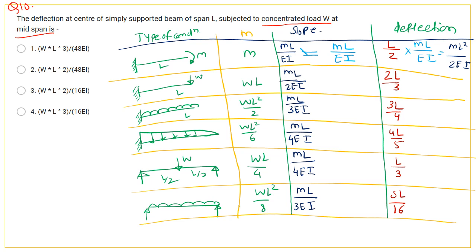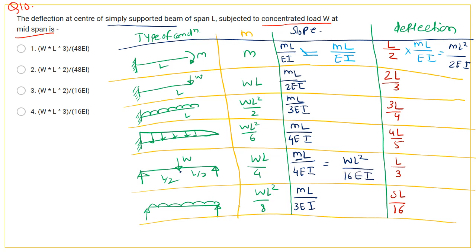But here they ask for simply supported beam with point load. So for this we calculate here. Replace this M with WL by 4. So the value is WL by 4 into L divided by 4EI. If we do this calculation, then we get WL square divided by 16 EI as a slope.